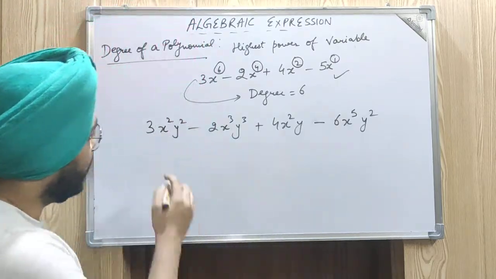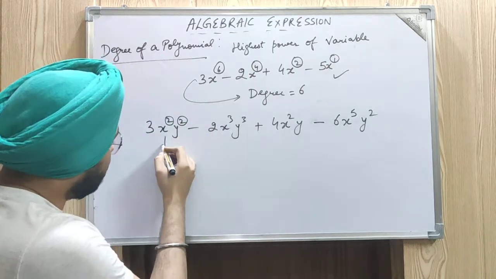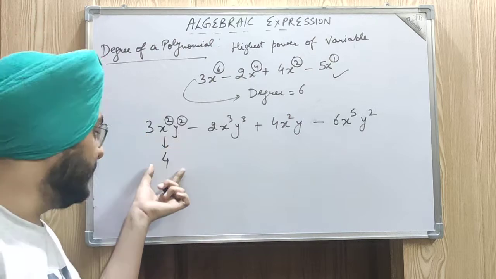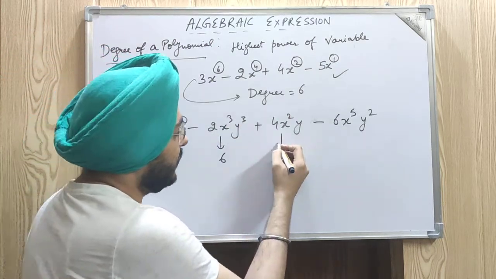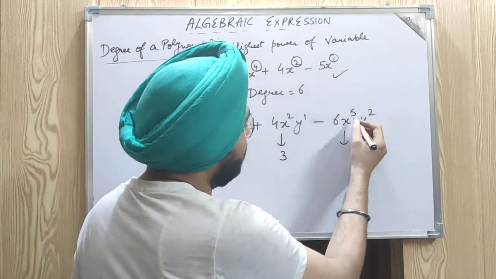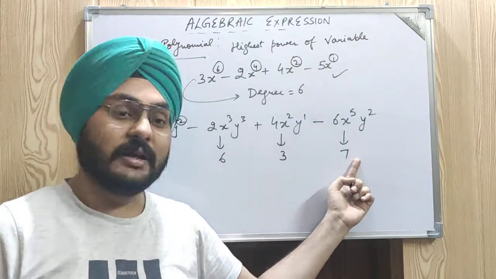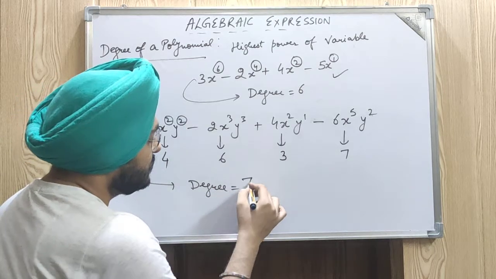Here we have 2 and 2; add them, and the power of this term is 4. Here 3 plus 3 is 6. Here nothing is written, which means 1, so 2 plus 1 is 3. Here 5 plus 2 is 7. The maximum power is 7, so the degree of this polynomial is 7.